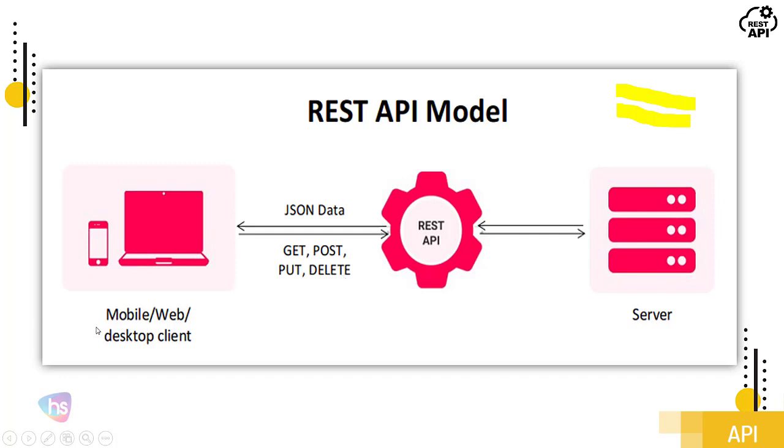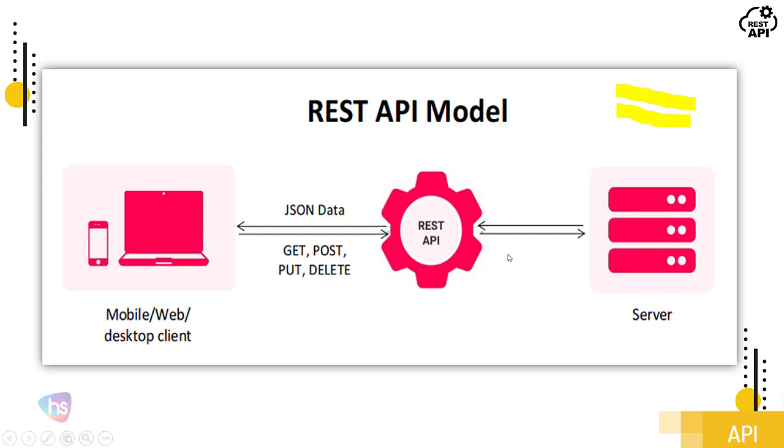These services may be consumed by a mobile app, web application, website or desktop client, anyone, which can consume these services and use them to get the required services from the server.